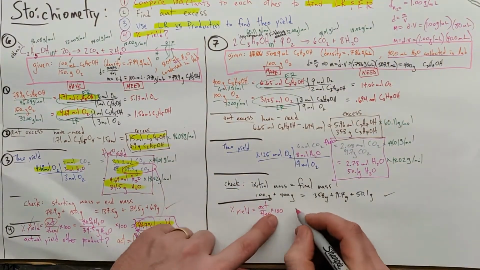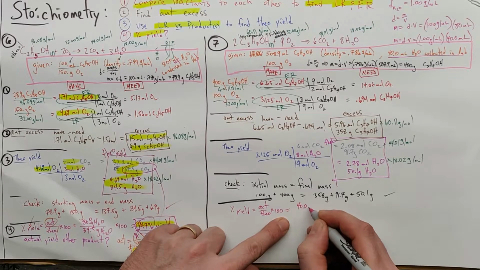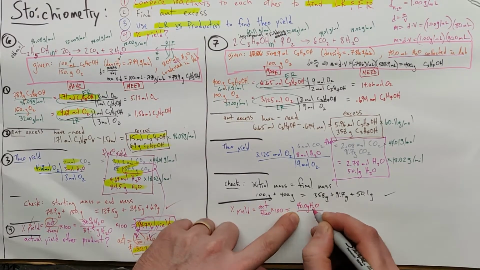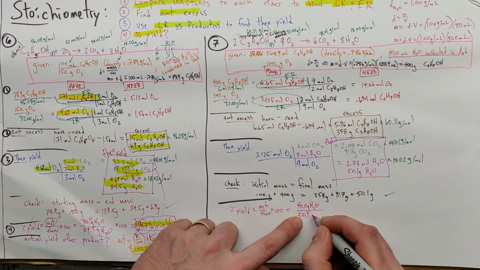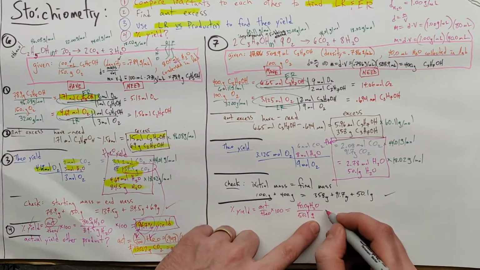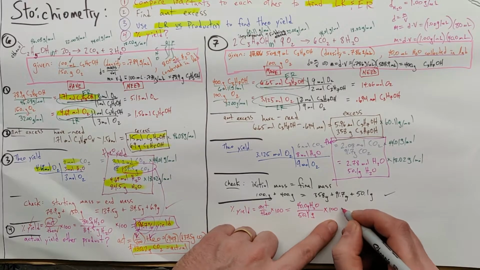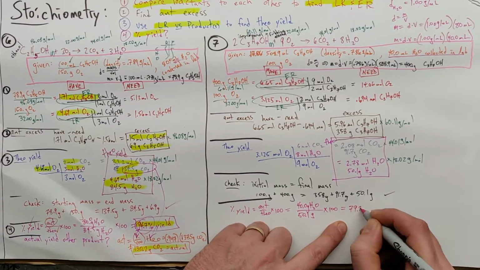So it's going to be 40 grams. And that's water, and I want to know that it's water so I can compare it to that 50.1 grams as our theoretical yield. This happens to end up 79.8% yield.